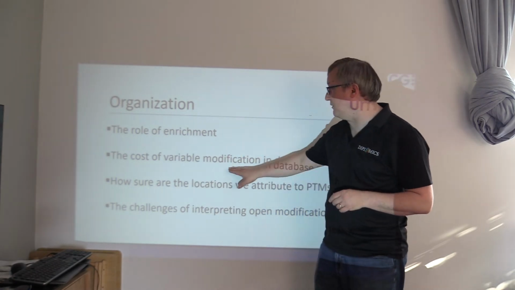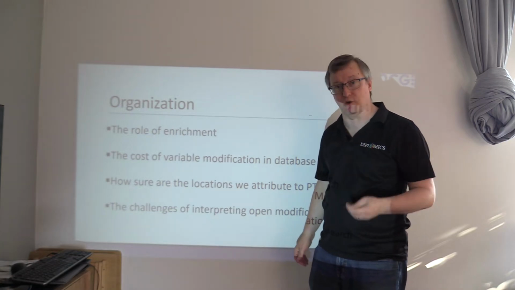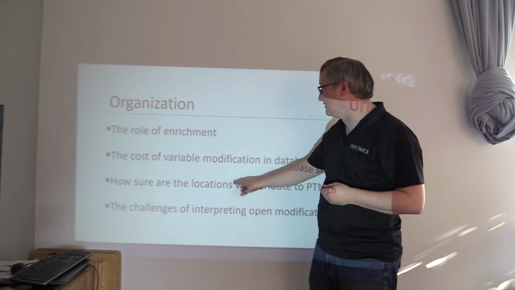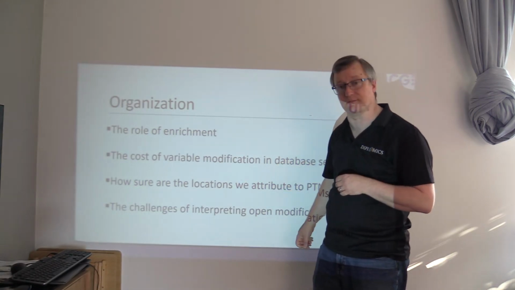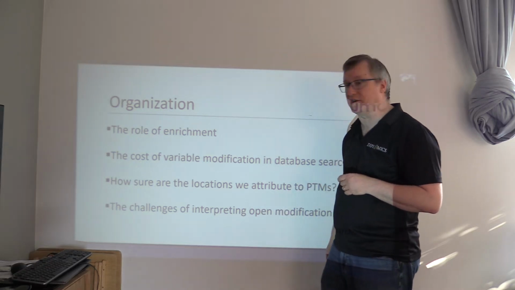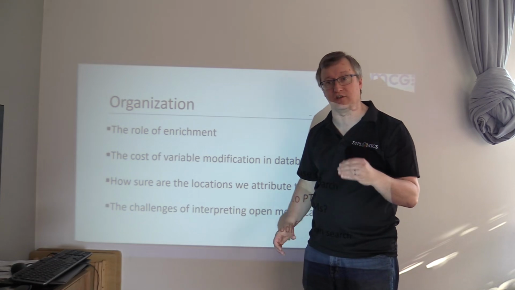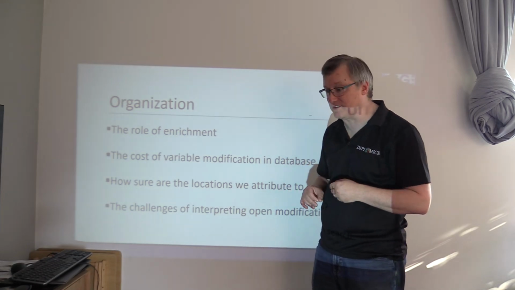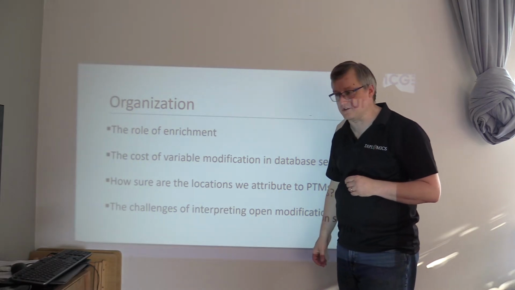From there, I'll talk about the oldie but goodie, the standard way that we go about looking for post-translational modifications using a feature called variable modifications in most database search engines. And from there, we'll start talking about how sure we can be about where a particular modification is located within a peptide sequence. Finally, we'll talk about the use of open modification search.